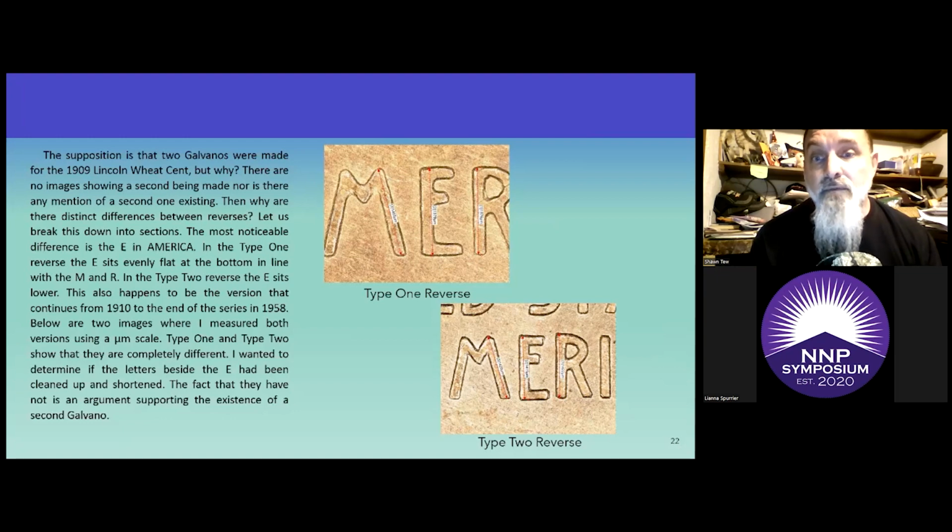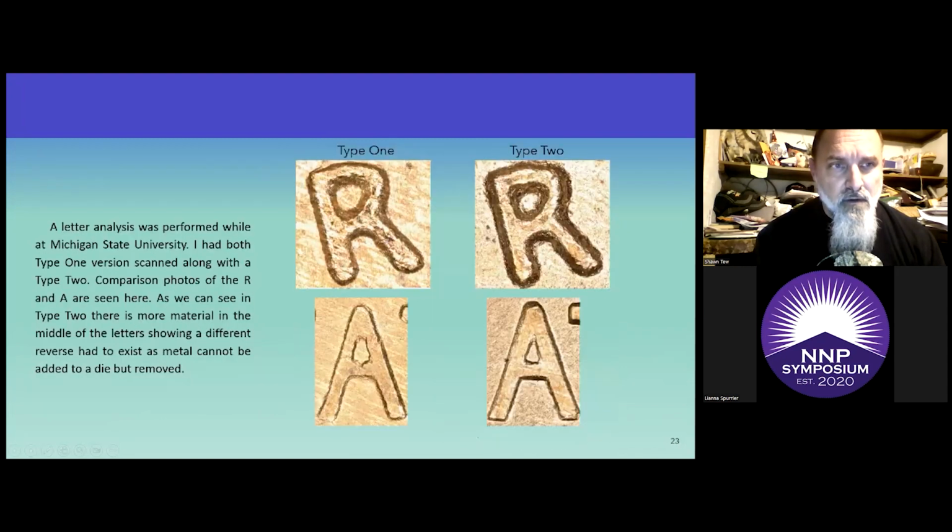We have shown that both reverses were 1909, and the first one of Brenner should never have moved on past 1910. They just continued to use the one that Barber modified. I hope I said that right.